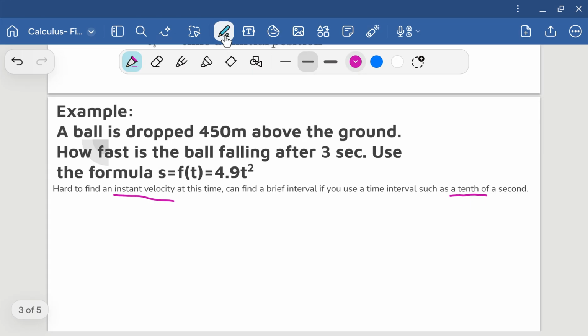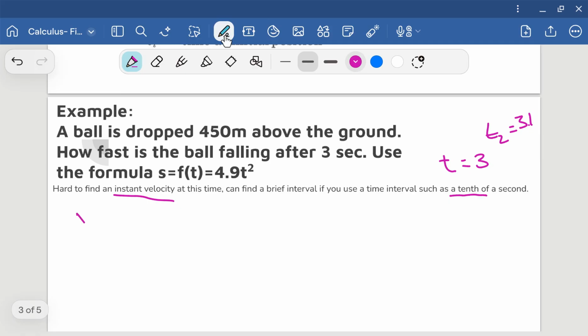So we're going to take a look at when the time is equal to 3 exactly, and then the second time would be 3.1. And we can make it even smaller and smaller, right? We could have done 1/100th of a second or even smaller than that, but this is just giving us an idea of what it should be, giving that velocity.